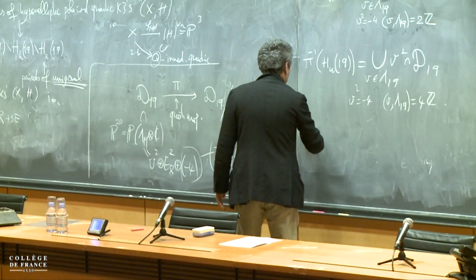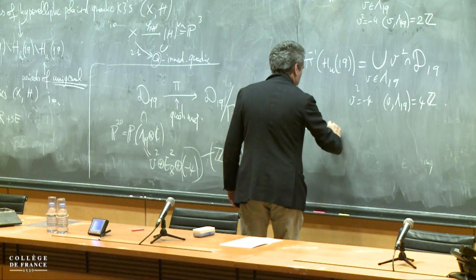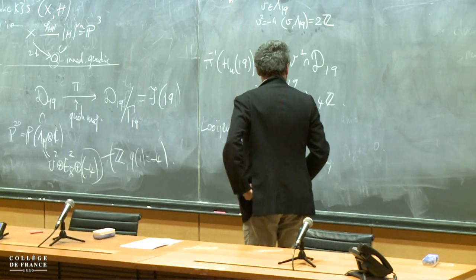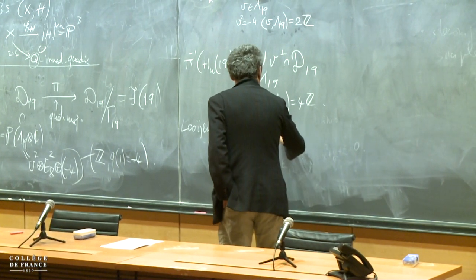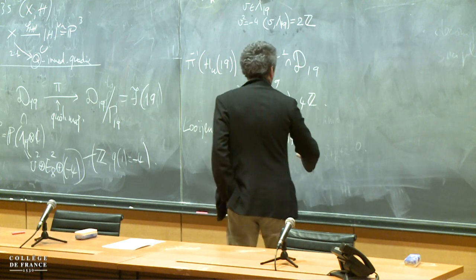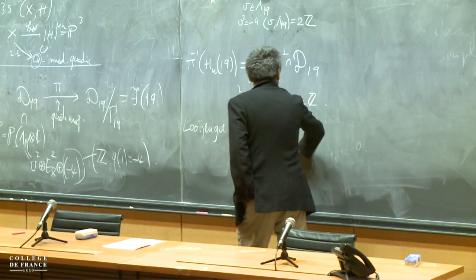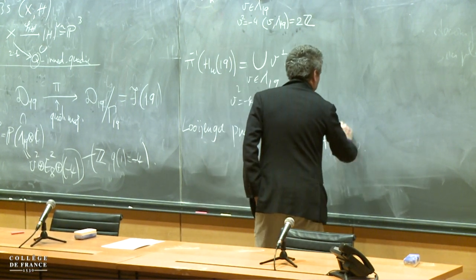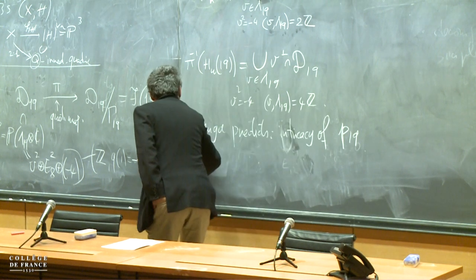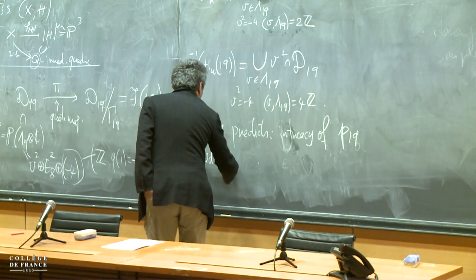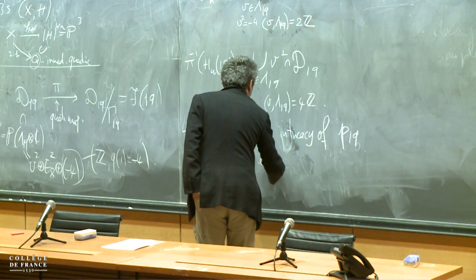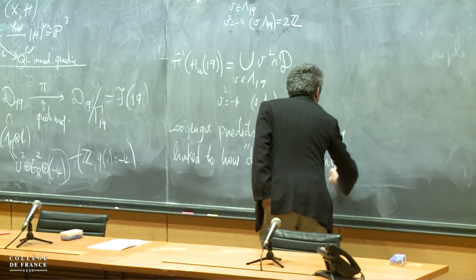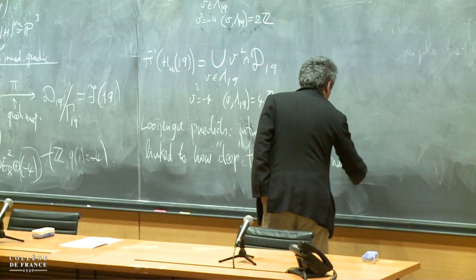So Looijenga predicts that the intricacy of the period map is linked to how deep the above hyperplane arrangement is.